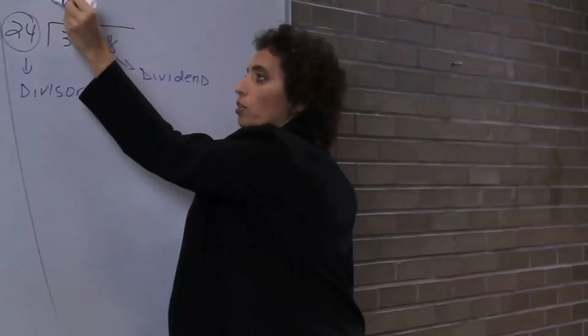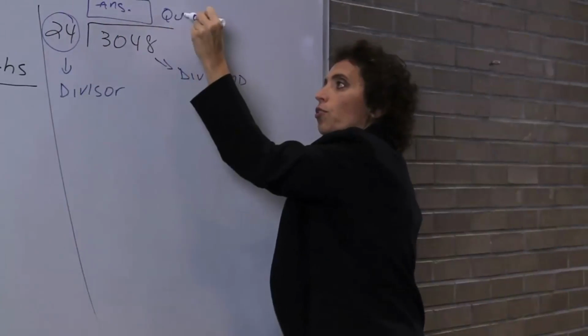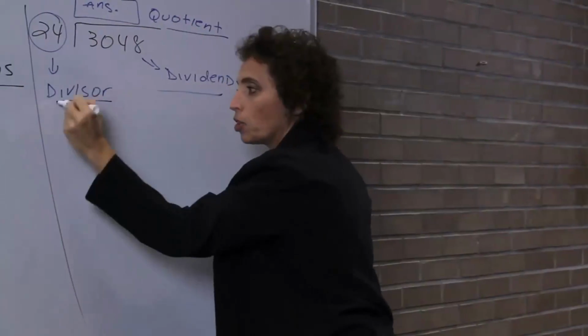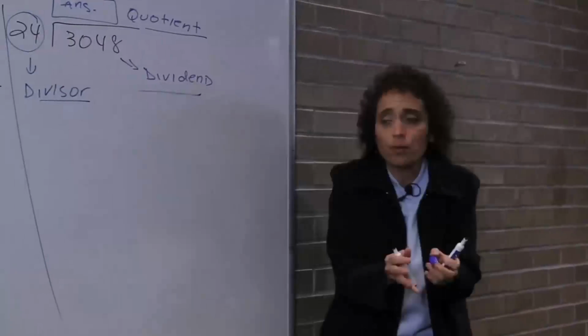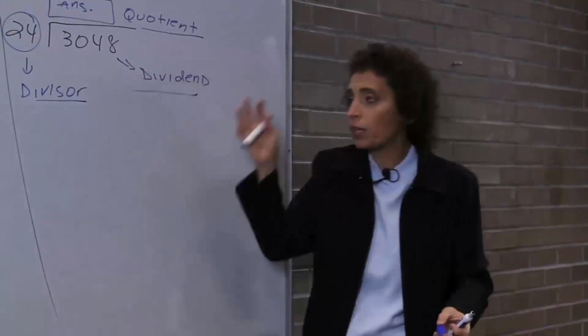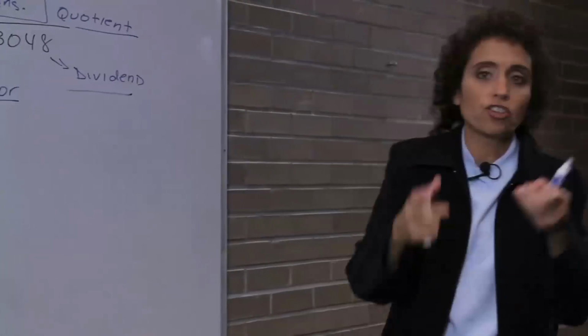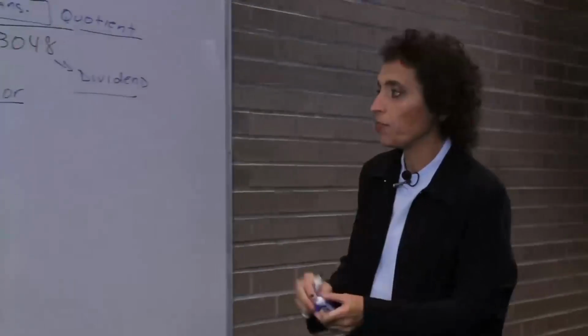And your answer, which you usually put up here, is called the quotient. To be honest, I'm not going to use these words very often. You don't really see them very often in algebra. You see them in arithmetic, but not in algebra. But that's a big one. You have to know quotient means division, just like product means times and sum means to add. So you have to be familiar with that word.